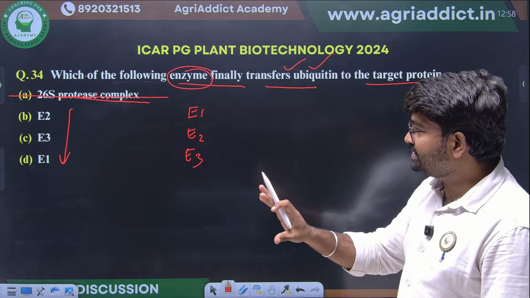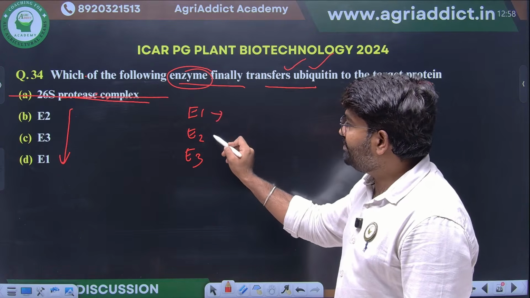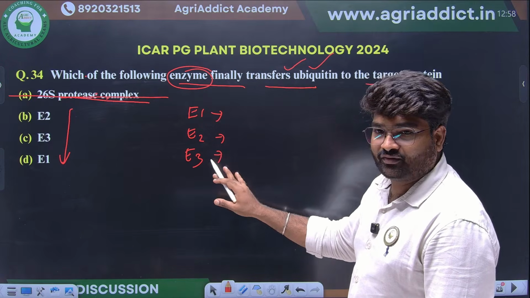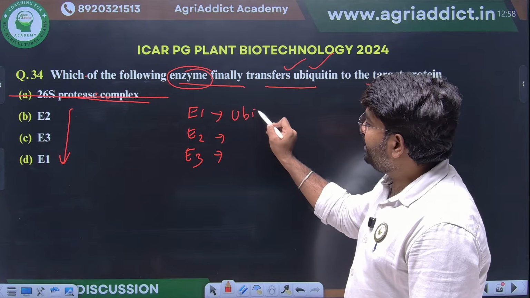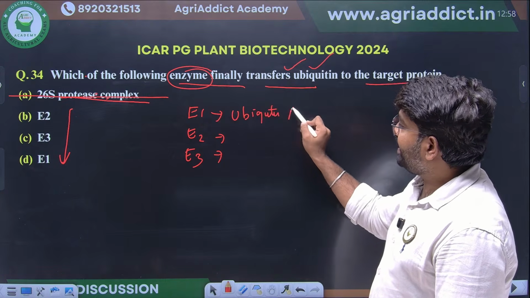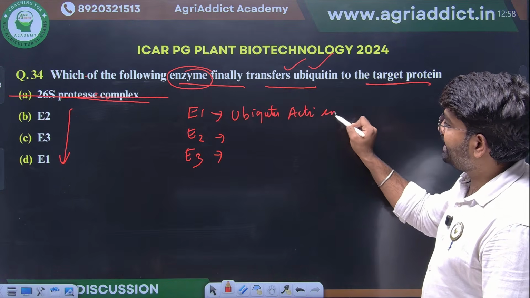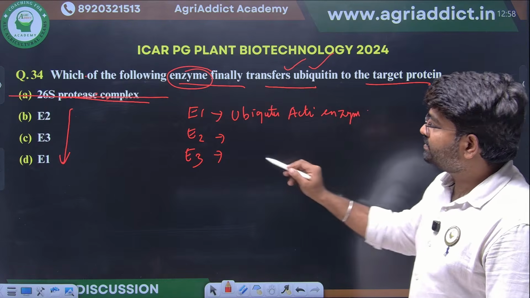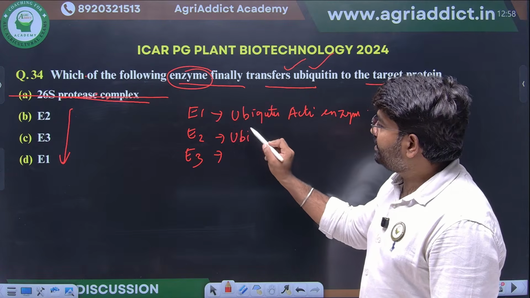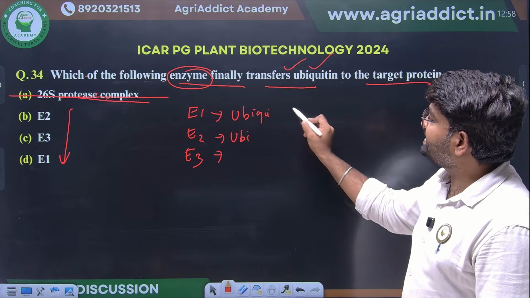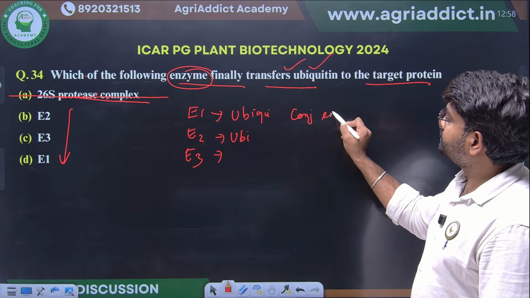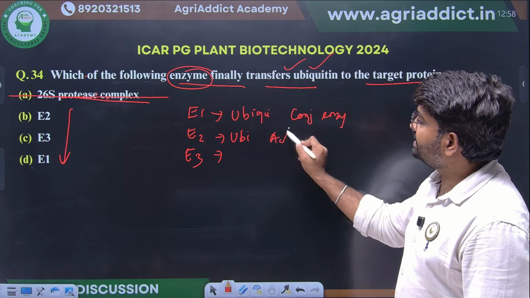You just observe here, students. There will be three enzymes. First is ubiquitin activating enzyme. Then the second is ubiquitin conjugating enzyme.